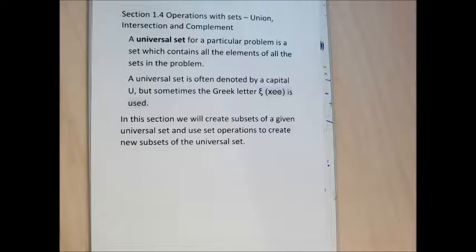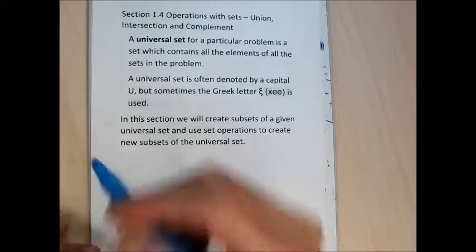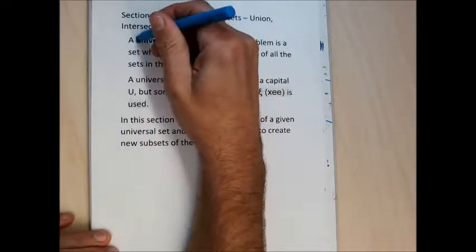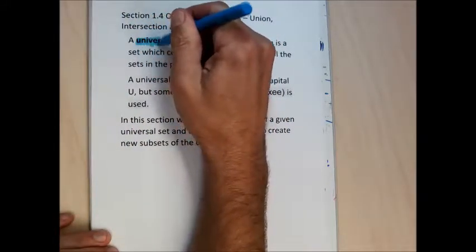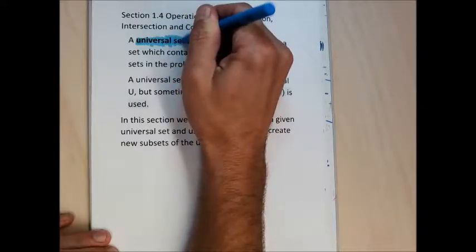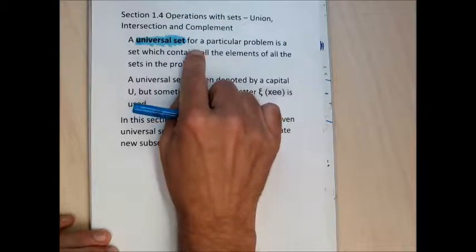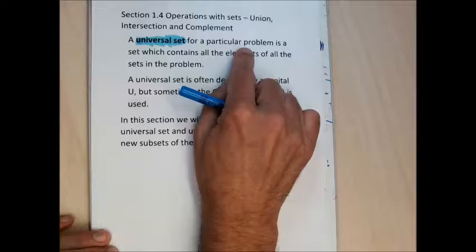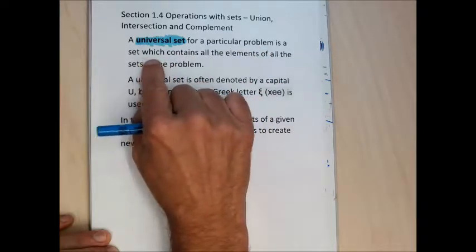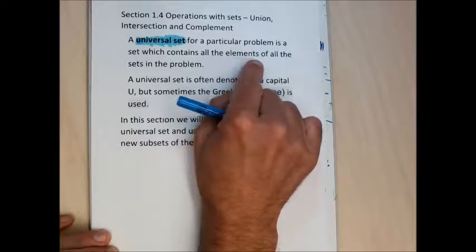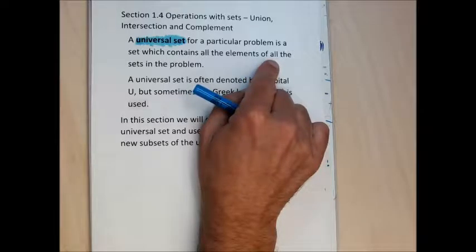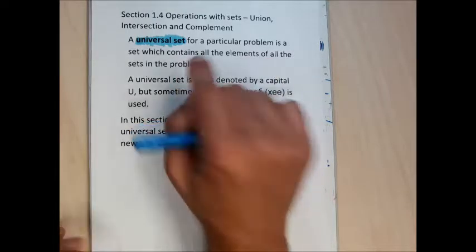And most every problem in this section is going to refer to something called a universal set. And a universal set is unique to a group of problems. A universal set for a particular set of problems is a set that contains all the elements that all the sets in that problem are made up from.